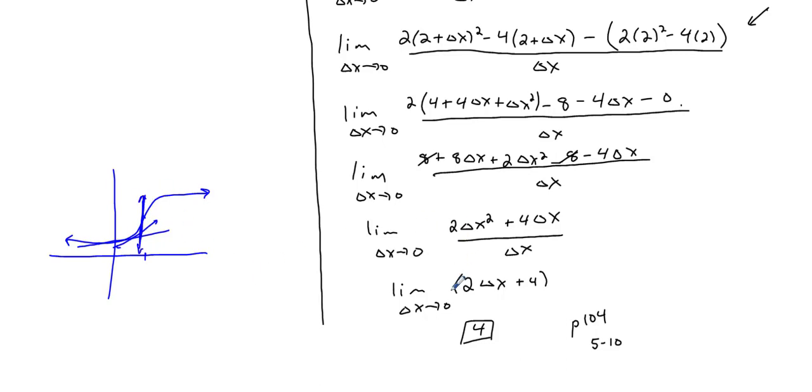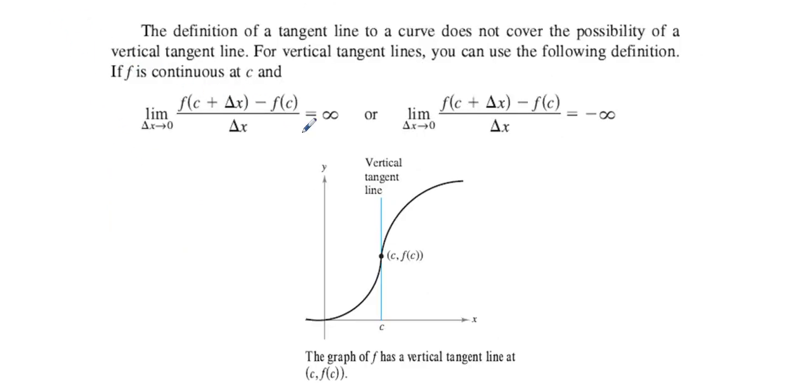Well, that means that our limit would not exist. Our slope would be undefined, right? So in that case, we get positive or negative infinity for our limits, and then our slope is undefined.